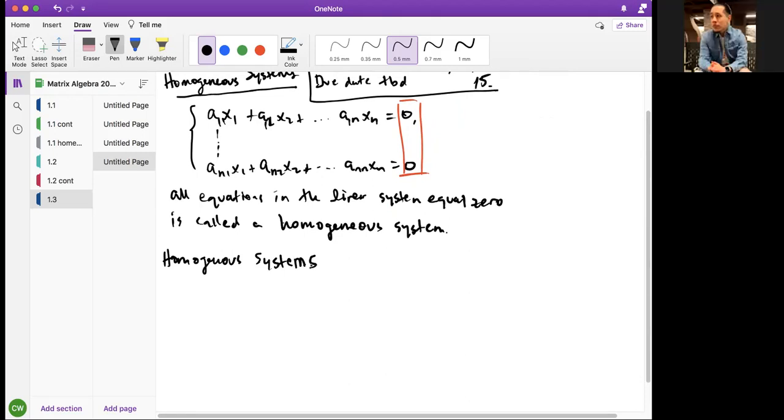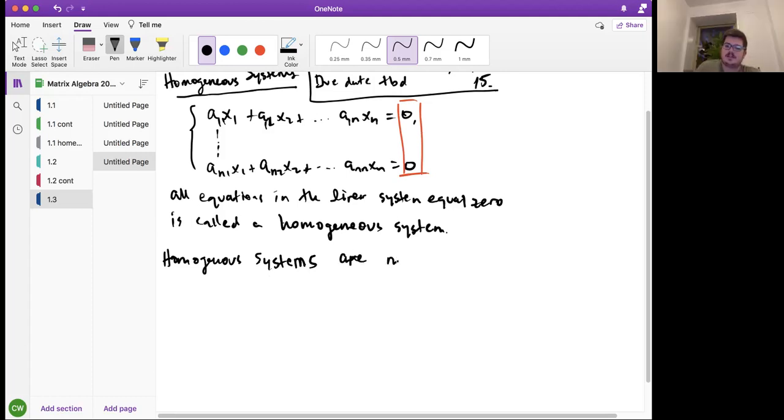But you're right. Homogeneous systems are nice. First of all, because they're always consistent, and because zero is always a solution.